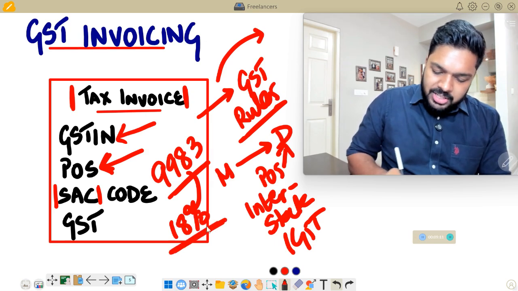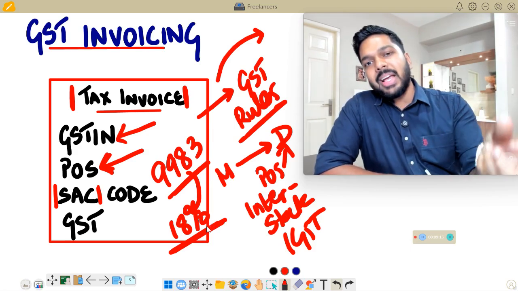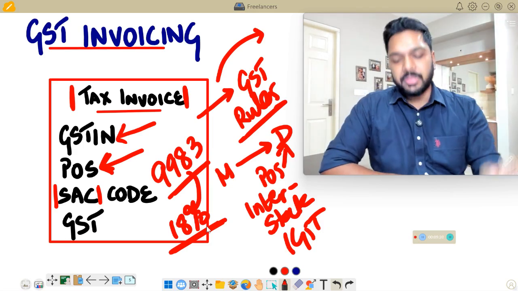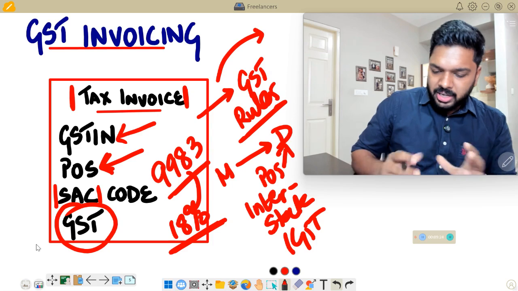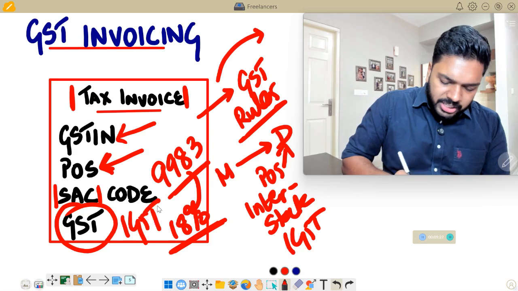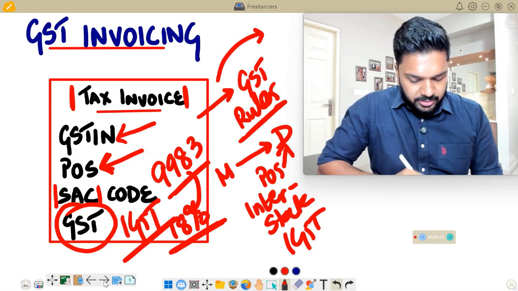So the rate of GST is not something that comes from the air. You will have to determine it from the SAC code. The SAC code will prescribe the rate for that particular type of service. And of course, mention the type of GST and GST amount. In this particular case, if you're providing interstate supply, it becomes IGST. So these are the important points to be kept in mind as far as raising a tax invoice is concerned.